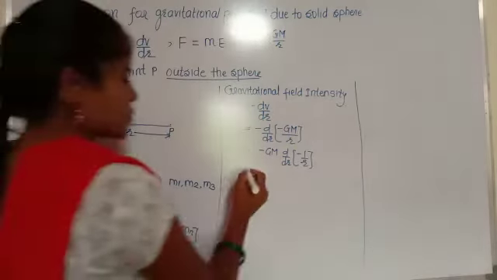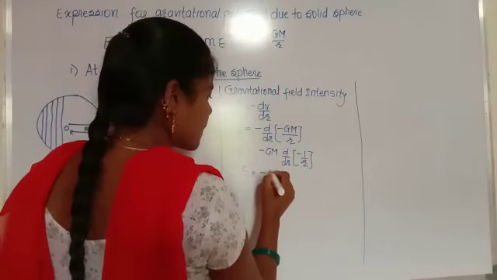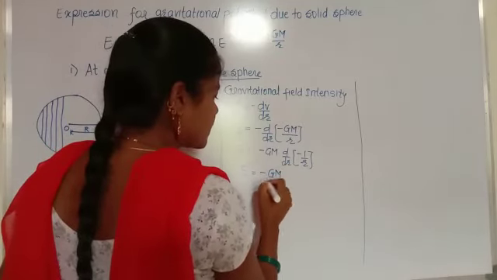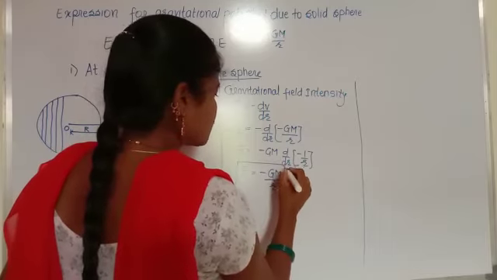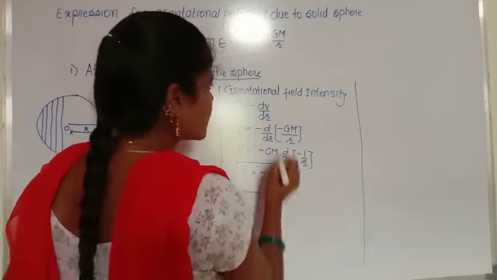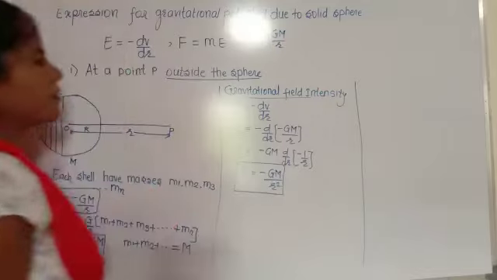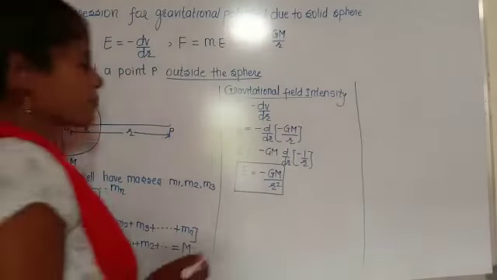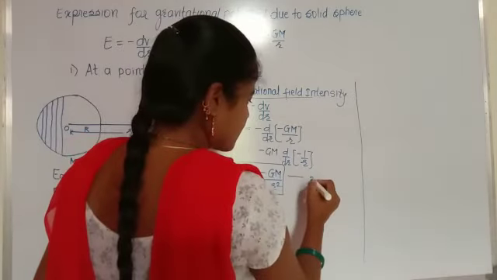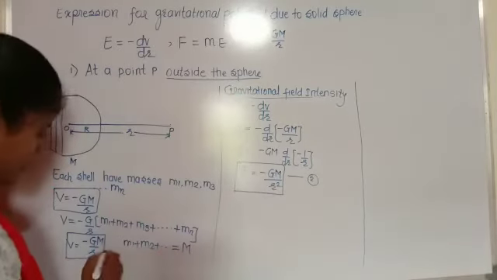Therefore E is equal to minus GM by r square. So this is the expression for the gravitational field intensity at a point P due to the solid sphere. This is the second equation and this is the first.